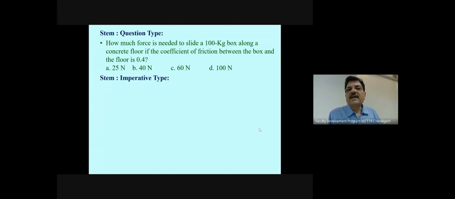तो क्वेश्चन टाइप में हाउ मच फोर्स इज नीडेड टू स्लाइड ए 100 kg बॉक्स along a concrete floor if the coefficient of friction between the box and the floor is 0.4. तो ये क्वेश्चन टाइप है, एंड में क्वेश्चन मार्क है, एंड ऑप्शंस आर 25 न्यूटन, 40 न्यूटन, 60 न्यूटन, 100 न्यूटन. Now there is one guideline in this example also.